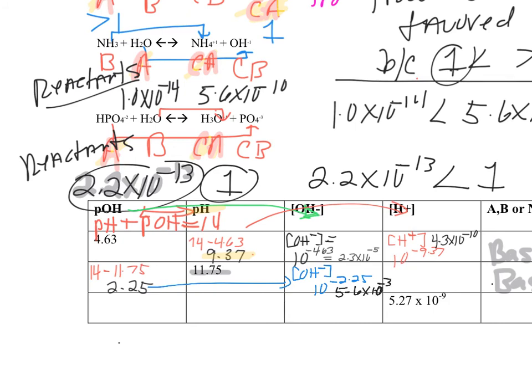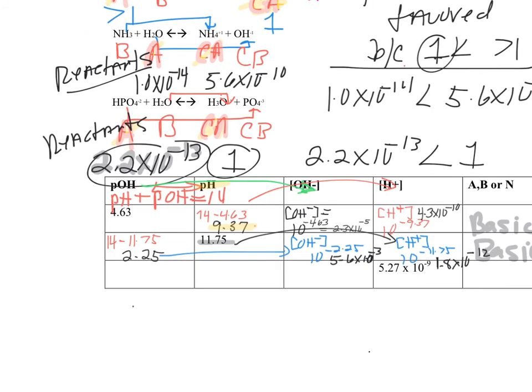And then we're going to hook the pH and the concentration of the H the same way. So the concentration of the H is 10 to the negative 11.75, and that is 1.8 times 10 to the negative 12.